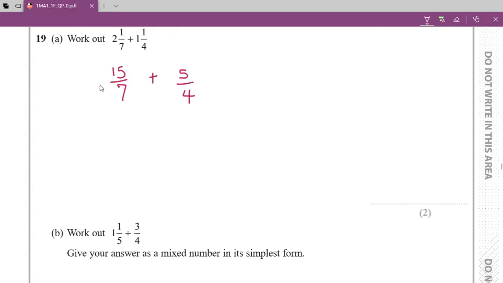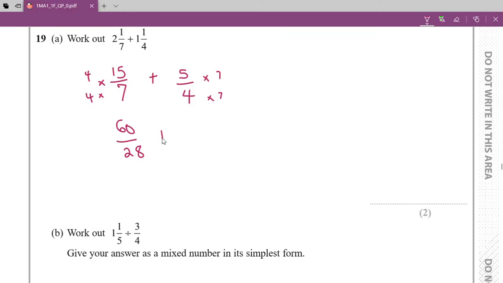So times 4 here, times 4 here also. And on this fraction here, I'm going to multiply by 7, so times 7 here, times 7. And if I multiply this top fraction, 4 times 15 is 60, divided by 4 times 7 is 28.